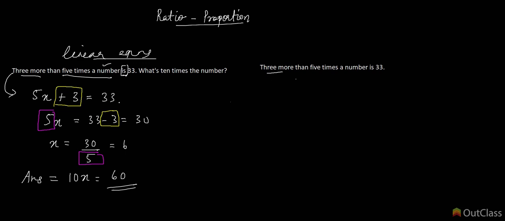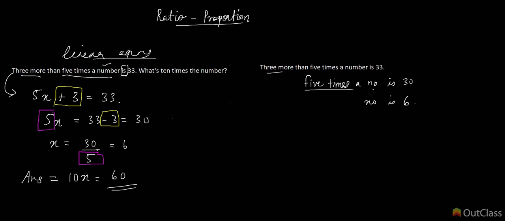If that is the case, can I not reason and say that before adding the 3, 5 times the number is 30, and if 5 times a number is 30, before multiplying by 5 the number is 6.